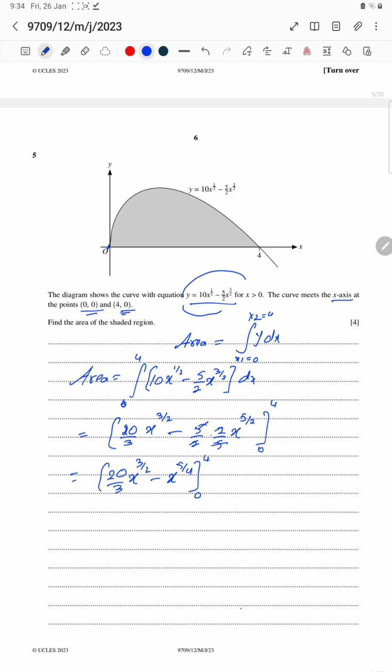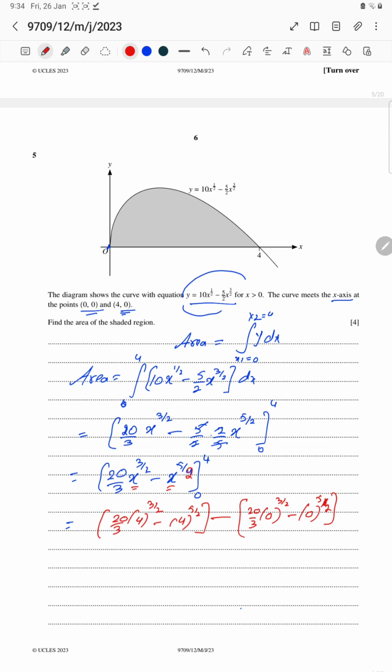Now apply the limits: upper limit minus lower limit. So we replace the value of x first with 4 and then with 0. We get 20 by 3 times 4 power 3 by 2 minus 4 power 5 by 2, minus, once we put the lower limit 0, 20 by 3 times 0 power 3 by 2 minus 0 power 5 by 2.